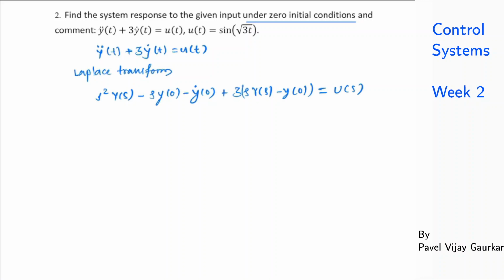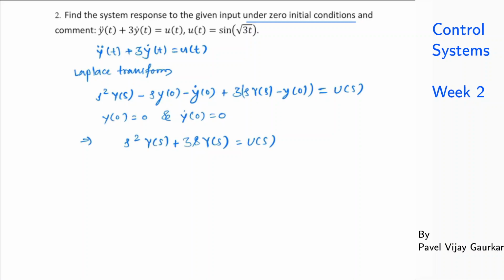Now we substitute zero initial conditions, y of 0 is 0 and y dot of 0 is 0. So we get s square Y of s plus 3 into s into Y of s is equal to U of s.